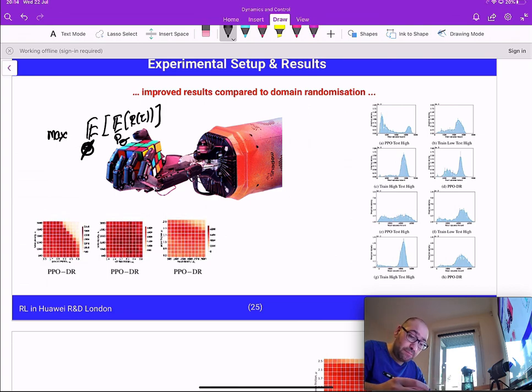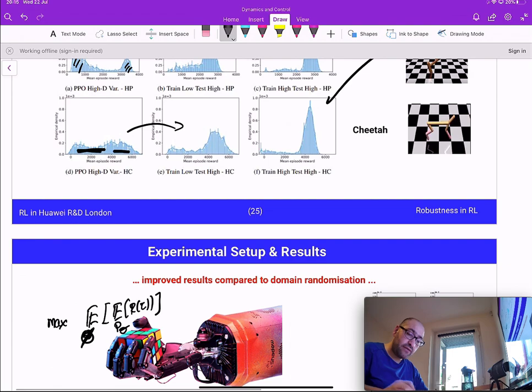But what you can actually see is that this is the domain randomization result. And this is another domain randomization result. Now, if you compare this to the previous graph I showed you, you will realize that when it comes to high D, we have bigger shifts towards the high reward region.